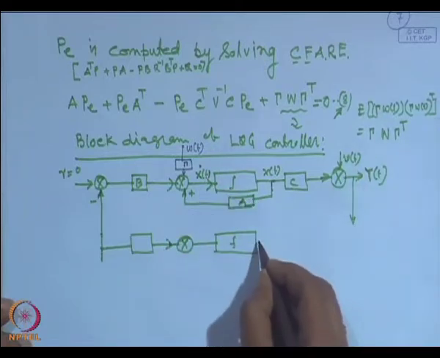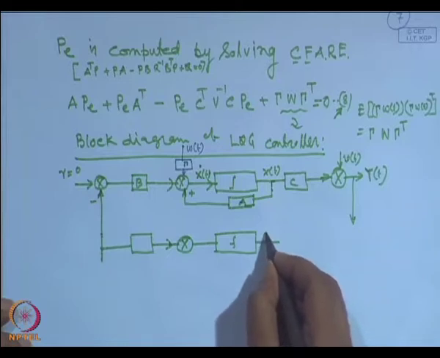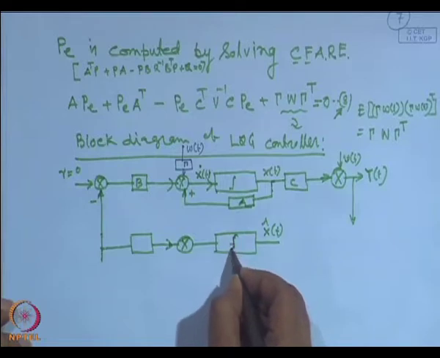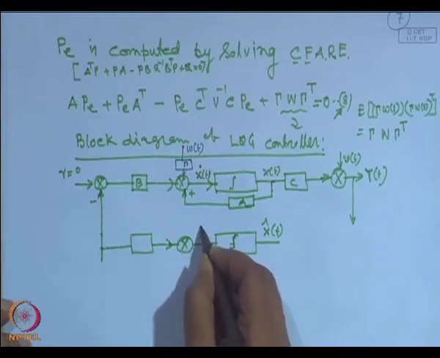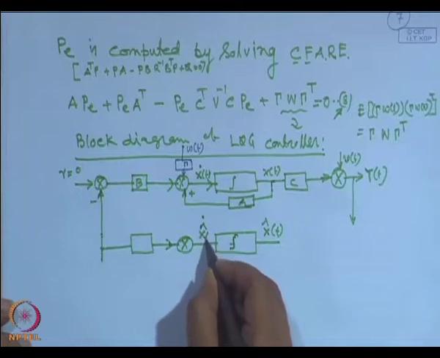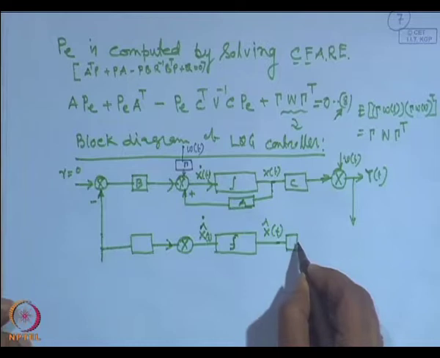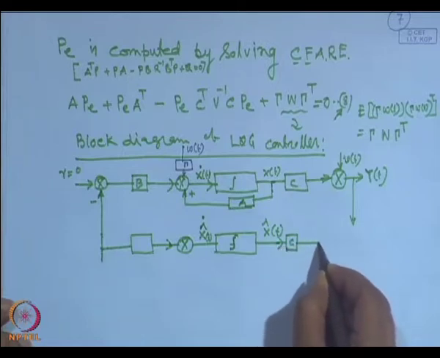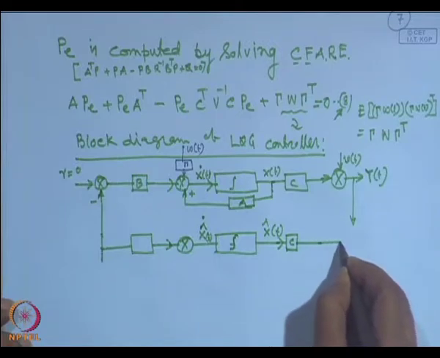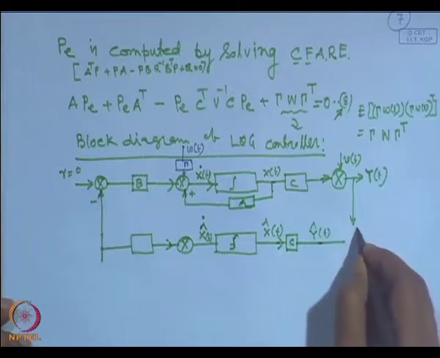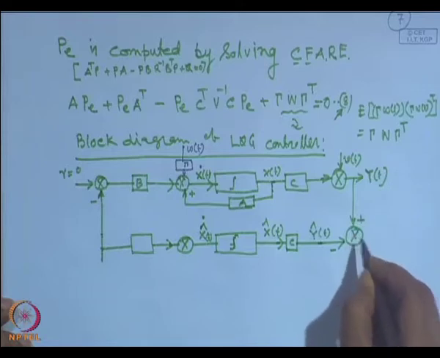Then it comes as x hat of t, so this is the integration. So x hat dot of t, then C, then it comes here as y hat of t. So, this is minus, this is plus.